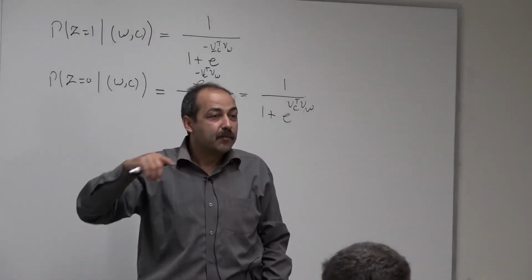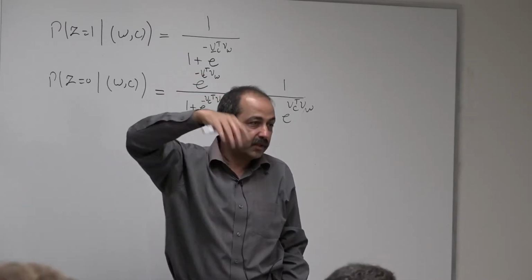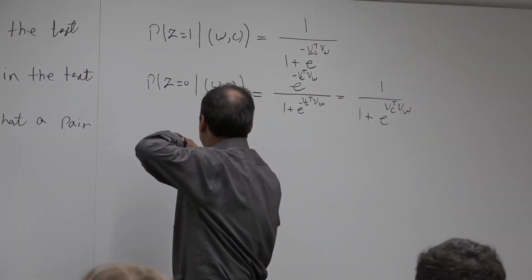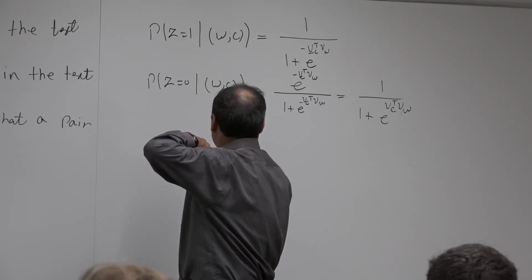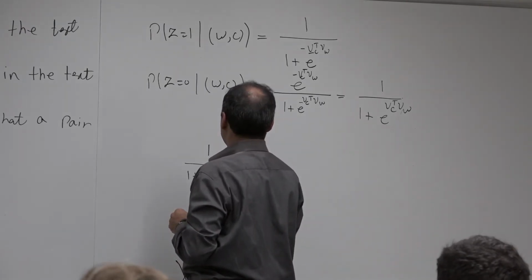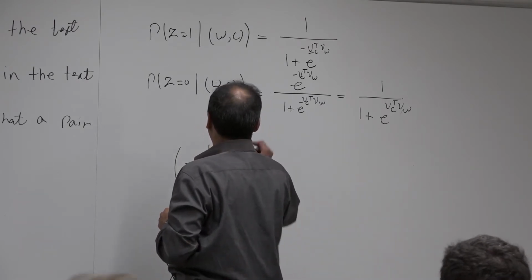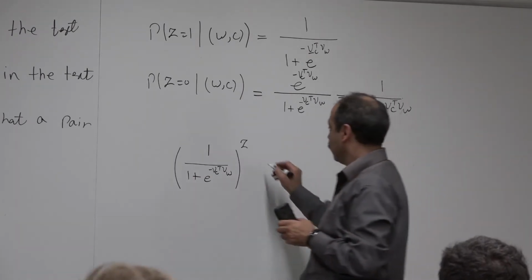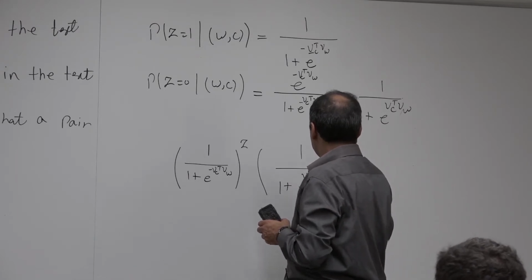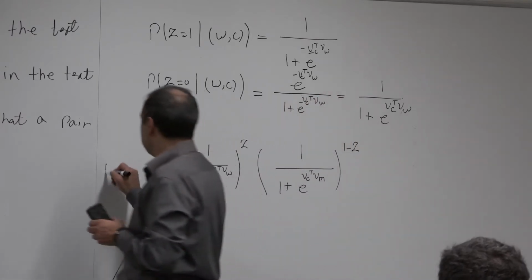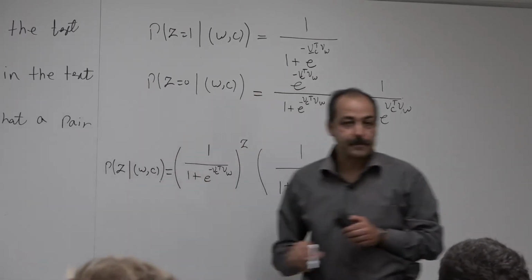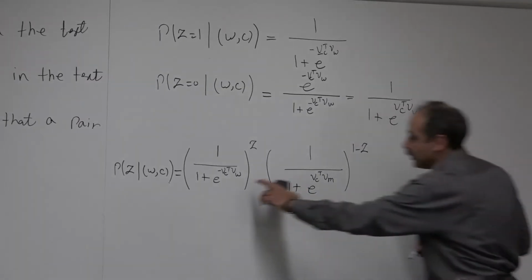And now I can model the whole distribution as 1 divided by 1 plus e to the power of negative VC transpose VW, to the power of Z, times 1 over 1 plus e to the power of VC transpose VW, to the power of 1 minus Z. That's the probability of observing Z given W and C. Now VC and VW are unknown.